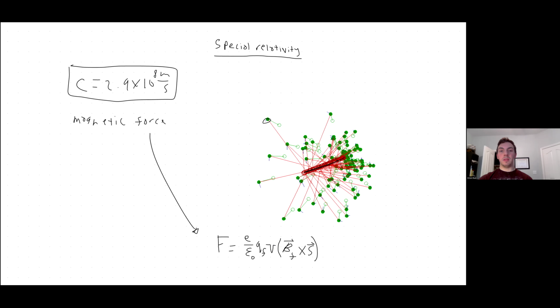And this beta right here is our particle velocity divided by the speed of light. Notice that it's a vector quantity, so it's important what direction our particle is heading. And the S vector right here represents the direction that the stub is headed.